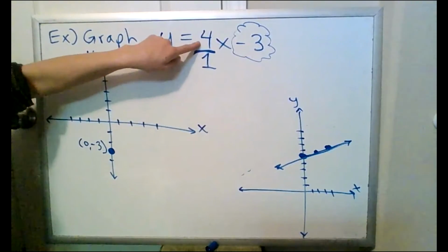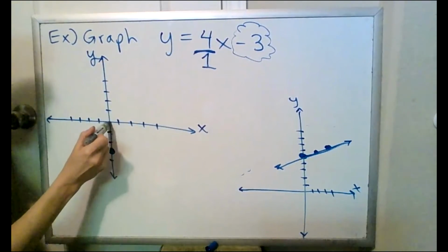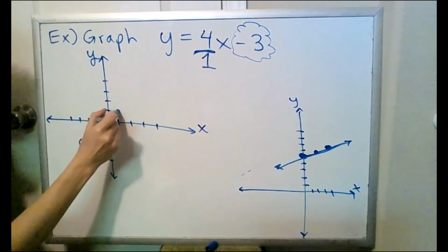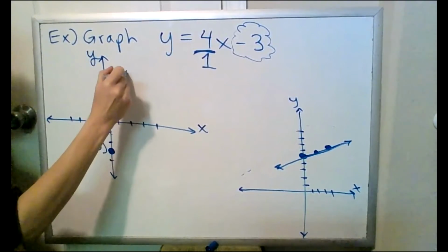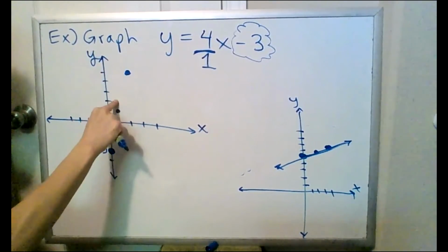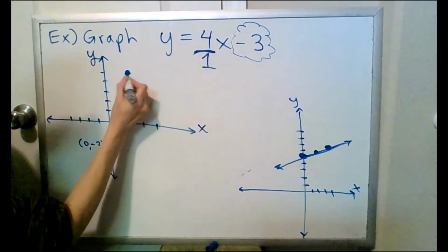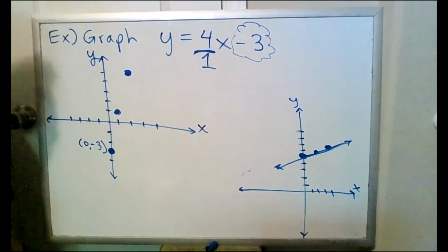So I want to go up 4 and right 1. And then we'll draw.